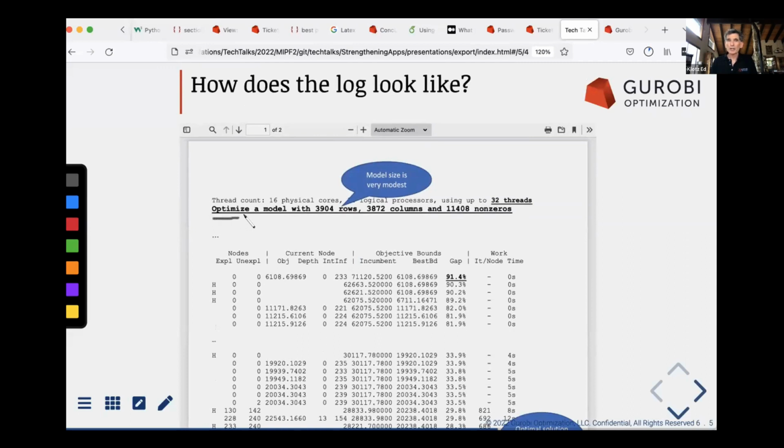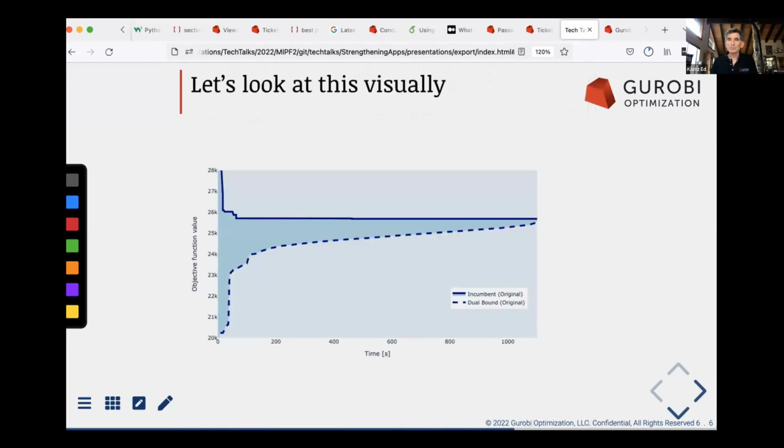I just want to point out that, like his model, this model is very small in size, and the node LPs solve very quickly. I think we can just skip to the GRB log tools plot to see what the challenge is.